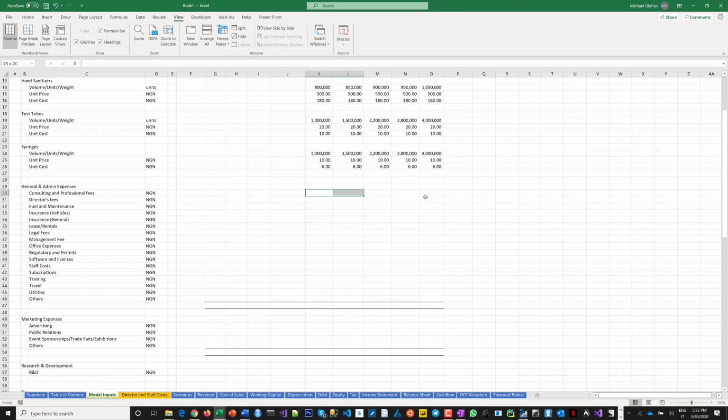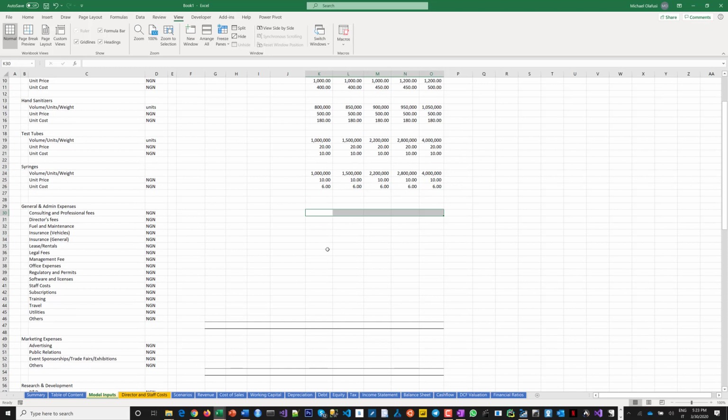Take for this company, they estimate they're going to spend maybe in the first year 2 million naira on consulting and professional services. And let's just not sweat it too much. Let's just put some really fixed amount here and say it spreads similarly for the future.